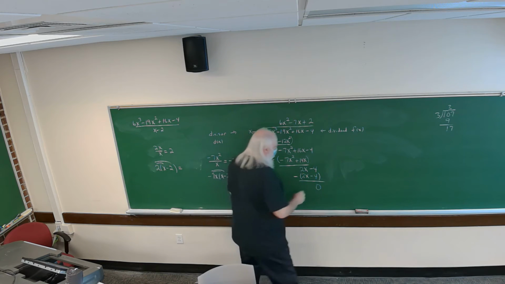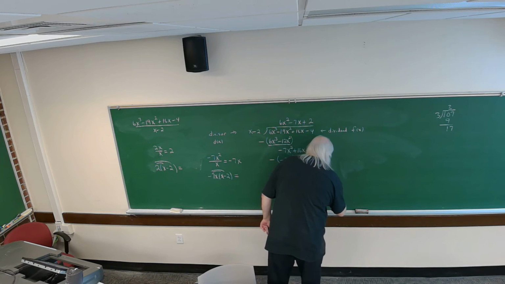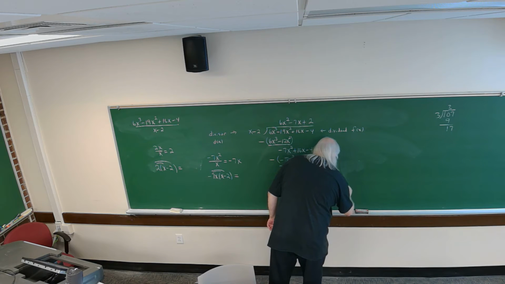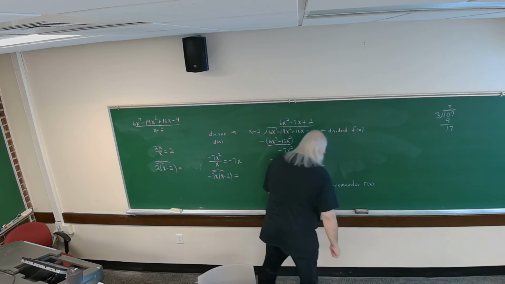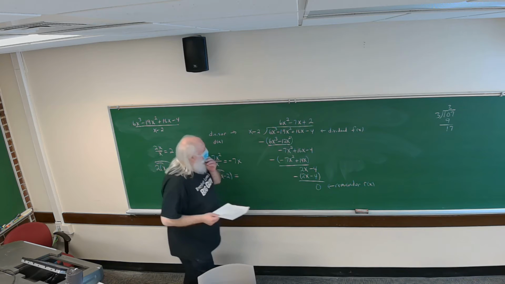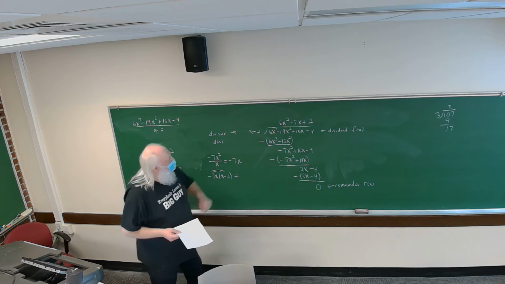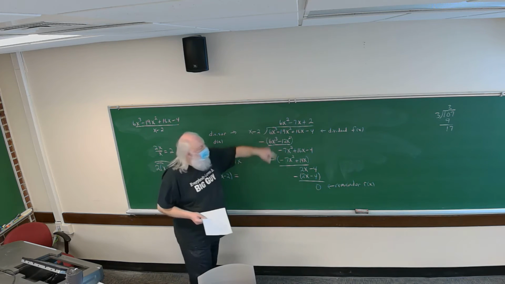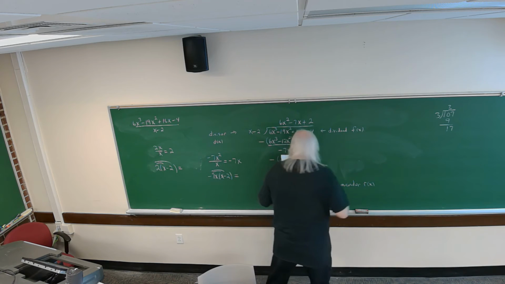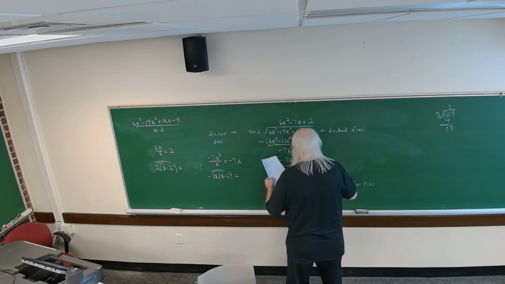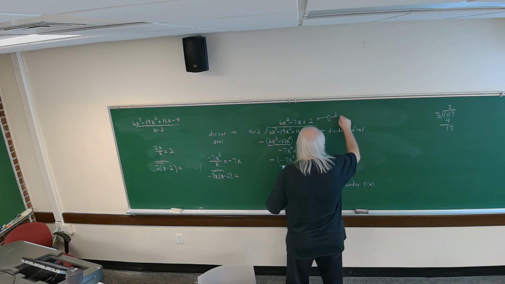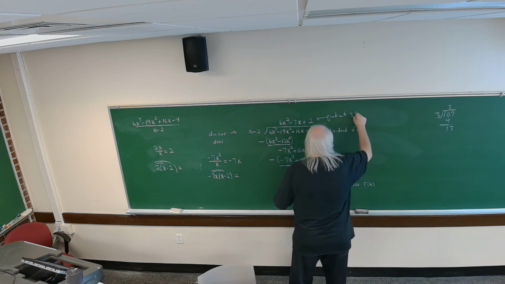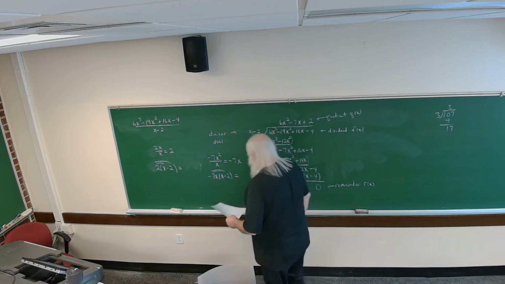So the remainder, r of x, for this problem is equal to 0. There's no remainder. What's the quotient? 6x squared minus 7x plus 2. That's the quotient, q of x, for this problem.